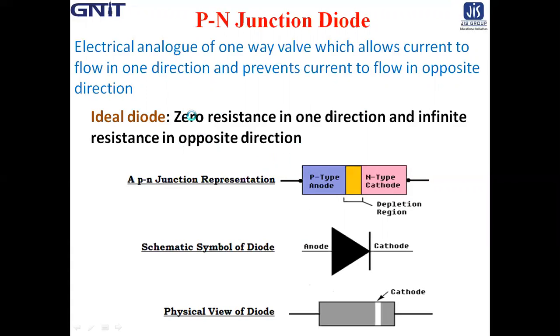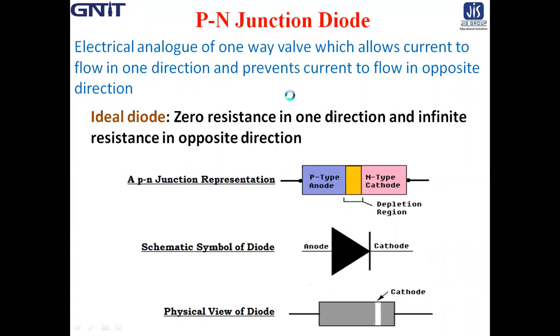So a diode is basically the electrical analog of a one-way valve, which allows current to flow in one direction and prevents current from flowing in the opposite direction.